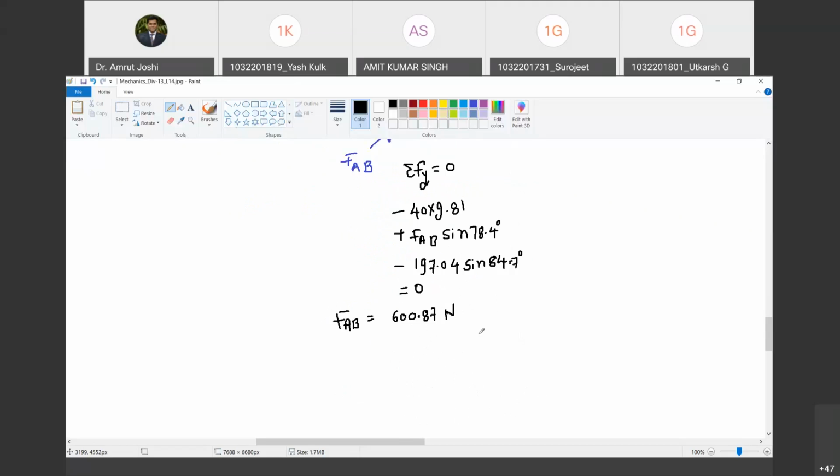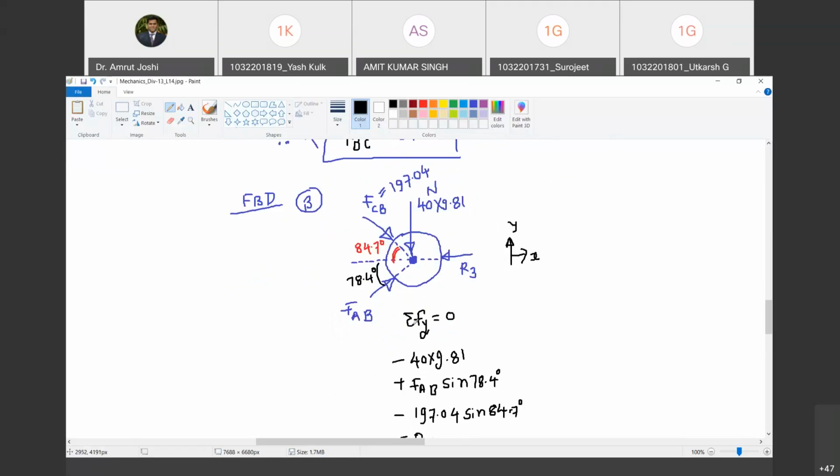Just a second. I'm getting 601.62. That's all right. That is rounding of errors. That's perfectly fine. So the answer is 600.87 Newton. Are you with me? Now let us go ahead.